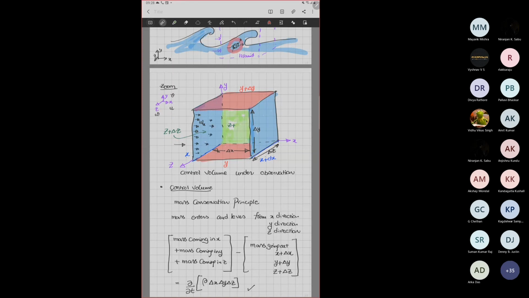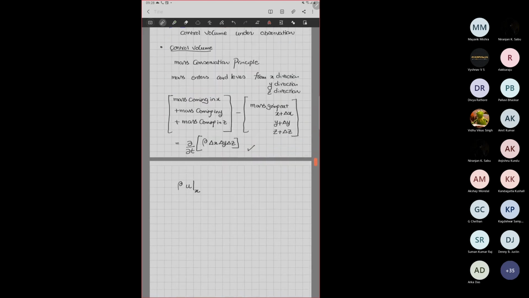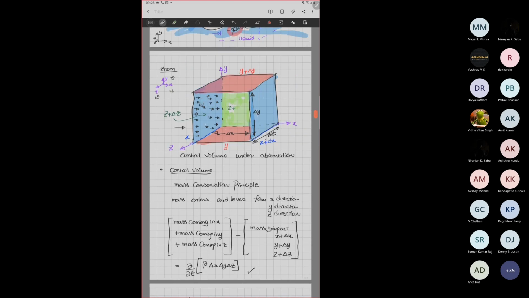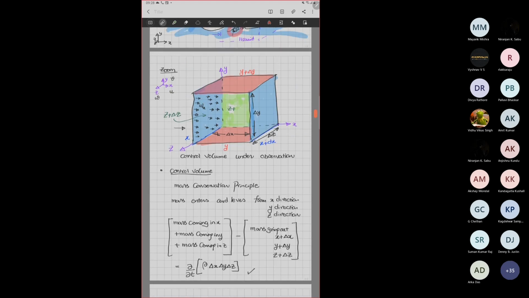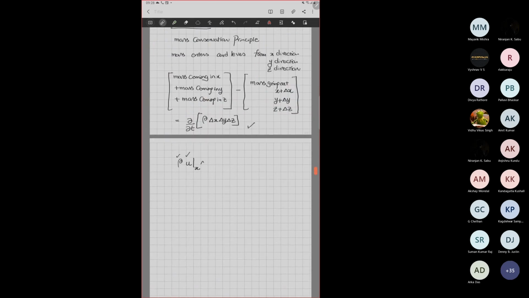So from this surface, there are so many holes or places through which mass can enter the system. At each location, it has a density rho, a velocity u, and we integrate throughout that surface. The surface is this length multiplied by this length, that means delta z multiplied by delta y. This is the mass coming into this system.